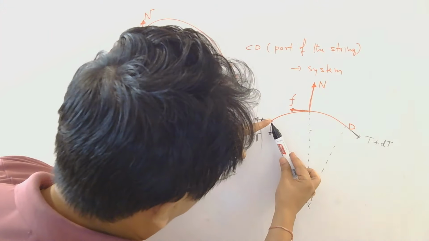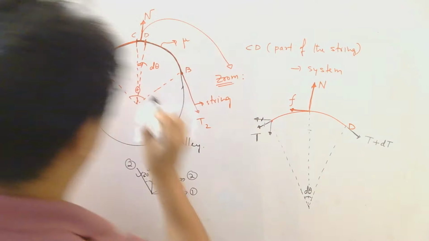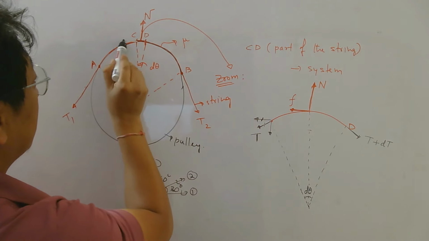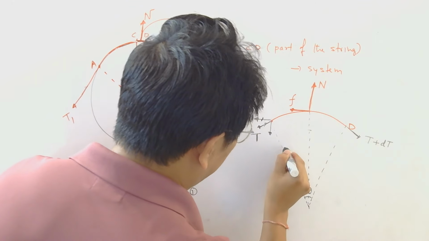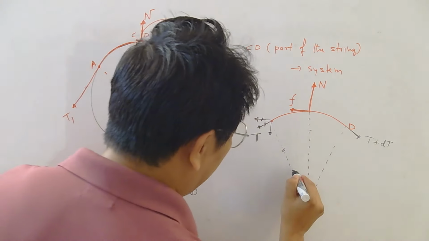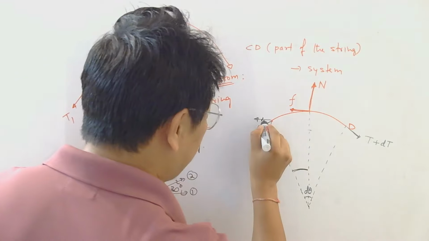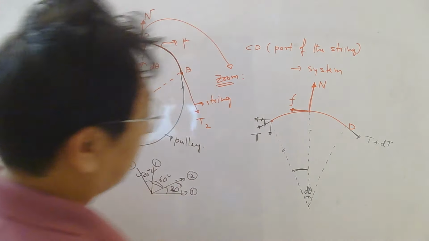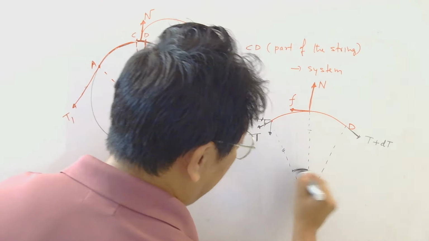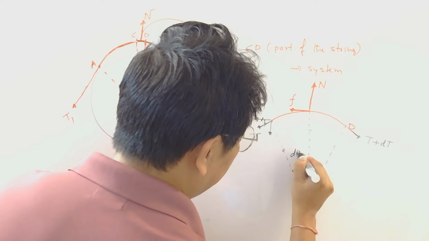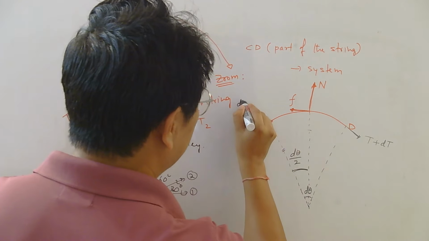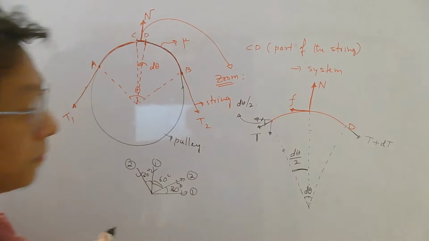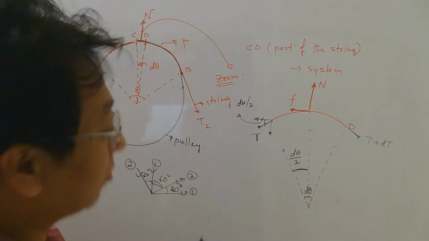From geometry, you know radius and tangent are perpendicular. Radius and this tangent are perpendicular, right? So this and this are also perpendicular. So whatever is the angle between these two, the same angle will be between these two. And this angle will be how much? Half of this angle, which is d theta by 2. So this angle you came to know is d theta by 2. Therefore, now you can easily take components.